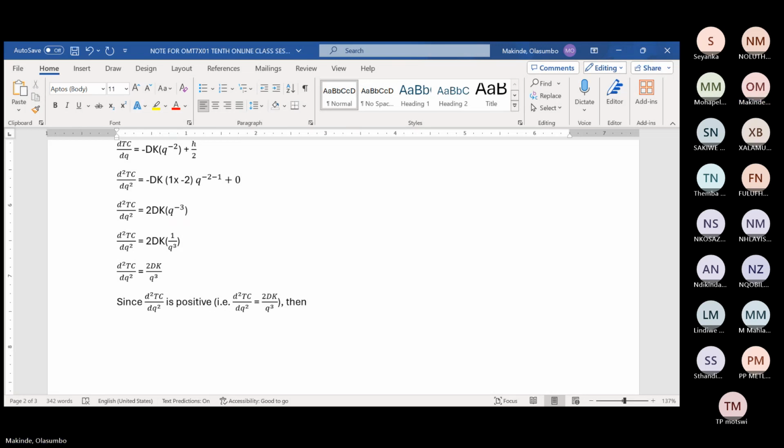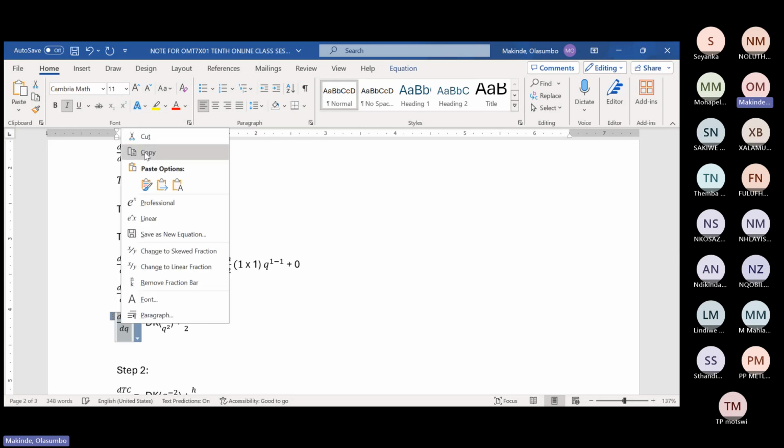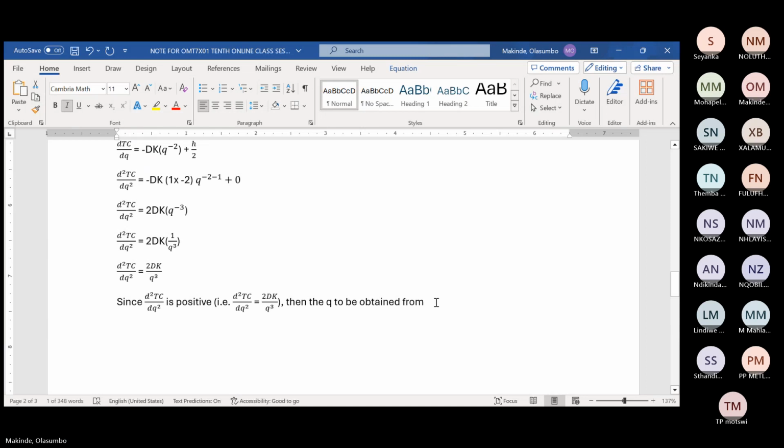Then the Q to be obtained from setting the dTC/dQ to be 0, which is the next step, from setting the dTC/dQ equal to 0, will minimize the TC, the total cost.